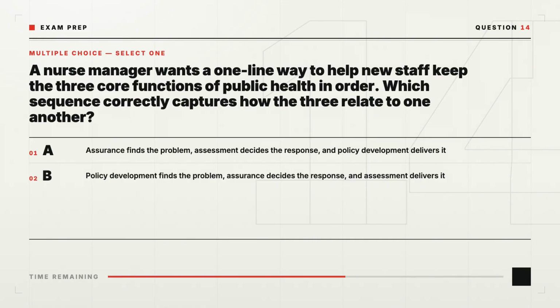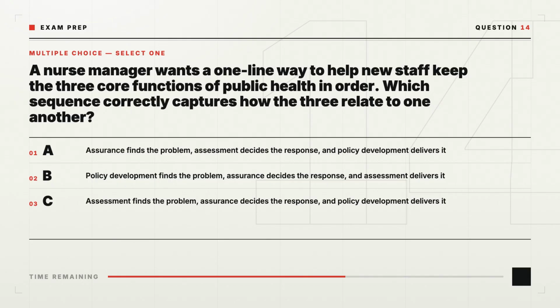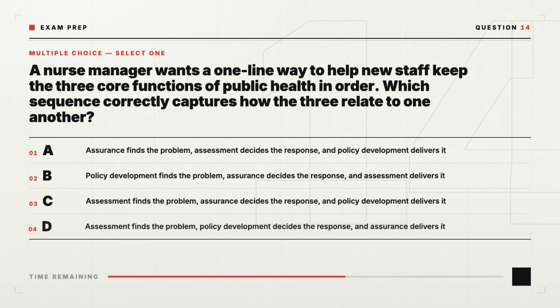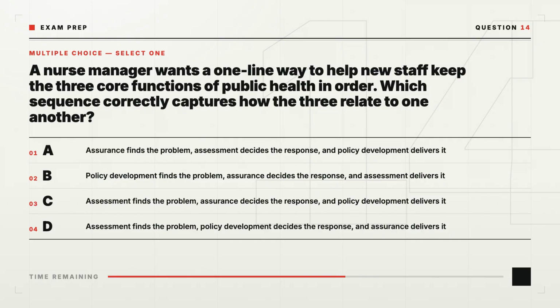B. Policy development finds the problem, assurance decides the response, and assessment delivers it. C. Assessment finds the problem, assurance decides the response, and policy development delivers it. D. Assessment finds the problem, policy development decides the response, and assurance delivers it. Which would you go with? Lock it in before the reveal.